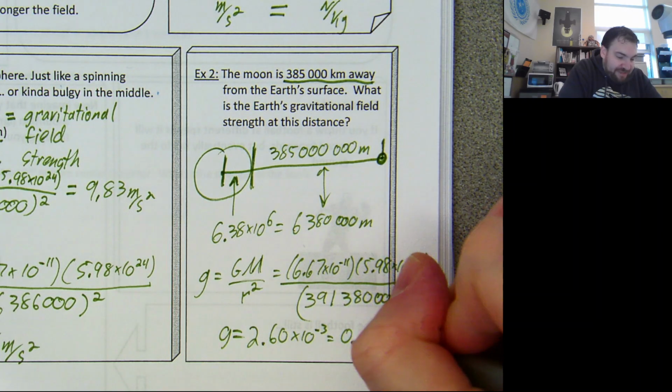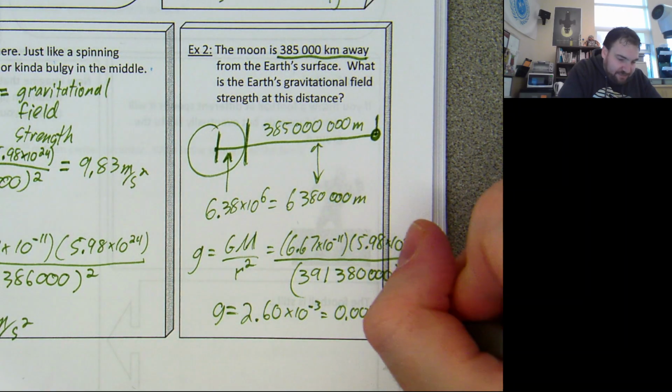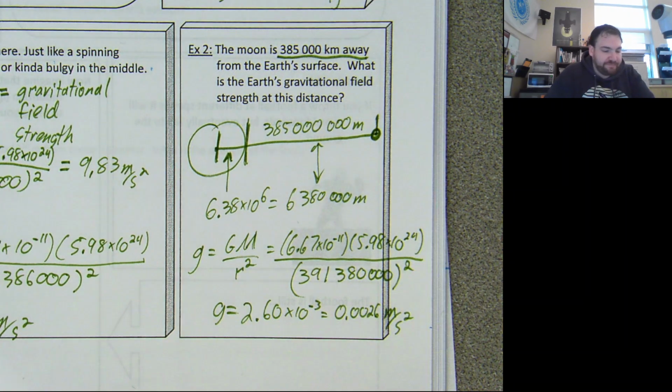So 0.0026, and that is meters per second squared. That's really small. The acceleration due to gravity out where the moon is is 0.0026 meters per second squared.